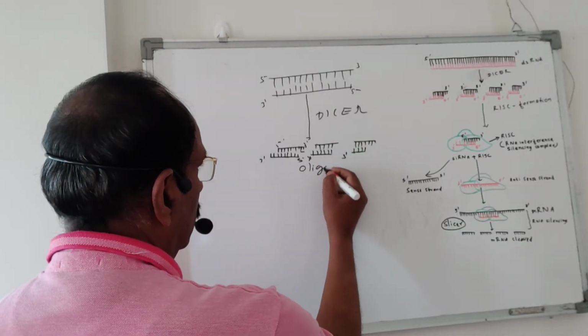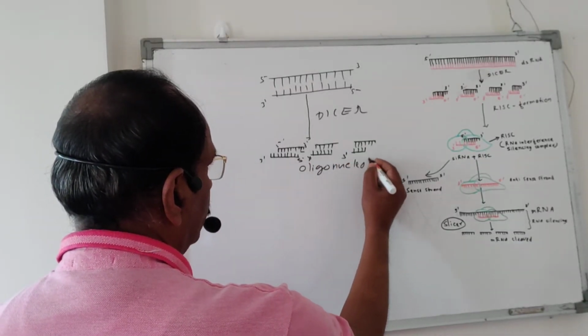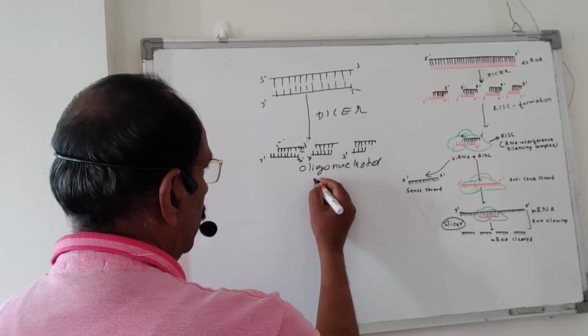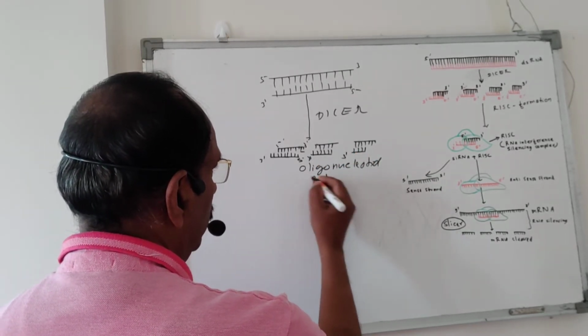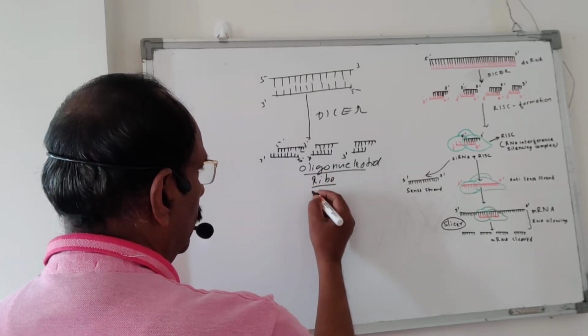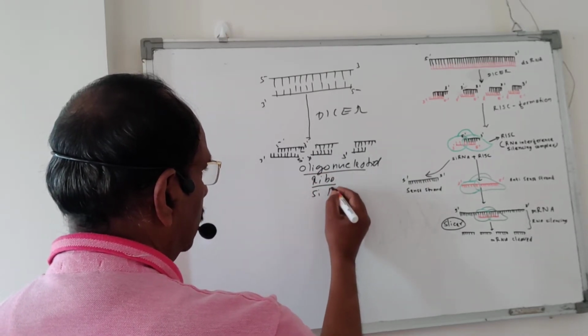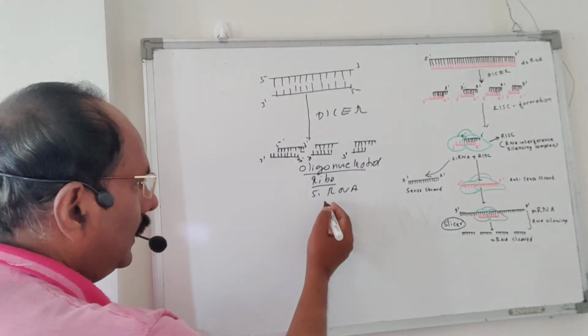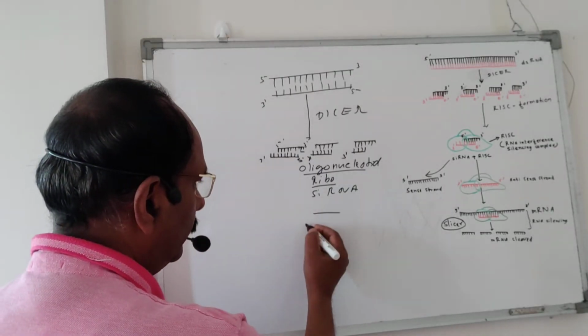This is the oligonucleotide. Actually, it is an RNA, so it is known as an oligoribonucleotide. This oligoribonucleotide is commonly known as the small interfering RNA. Suppose this is the small interfering RNA.